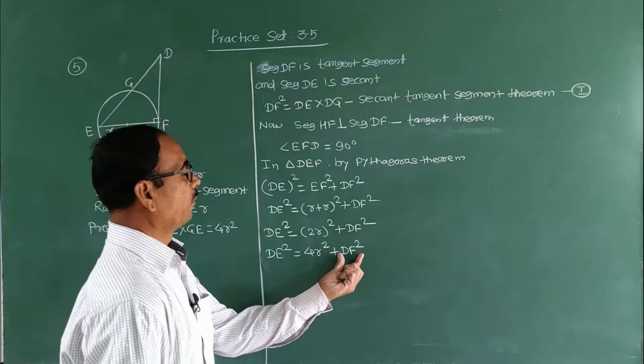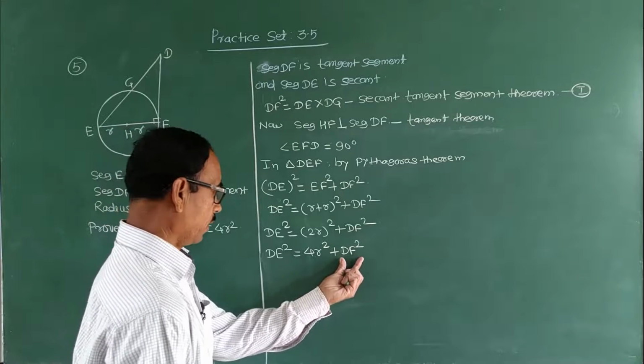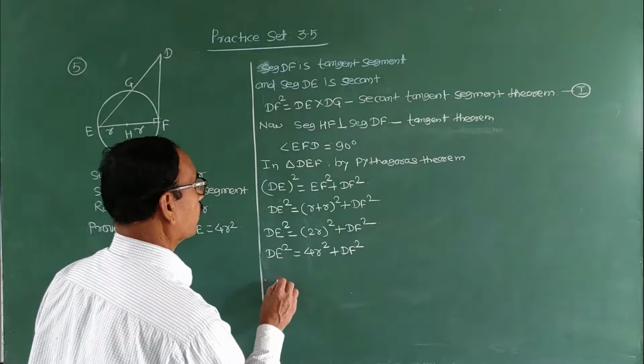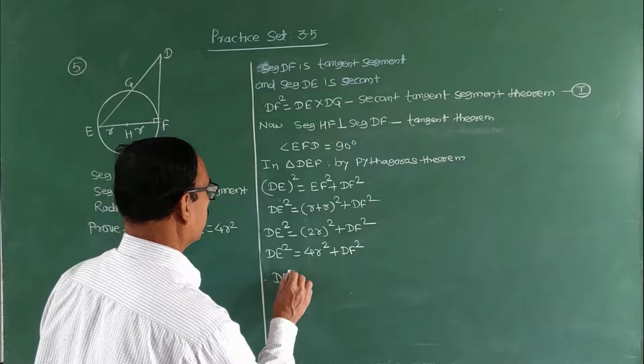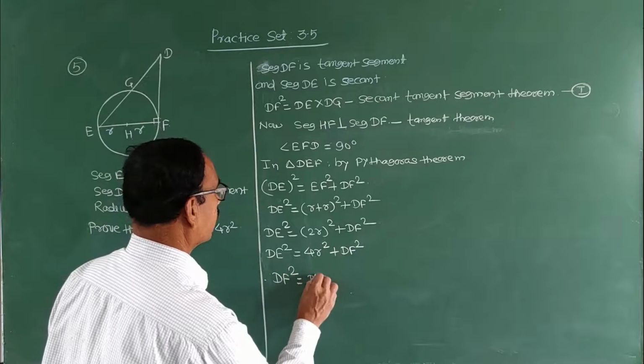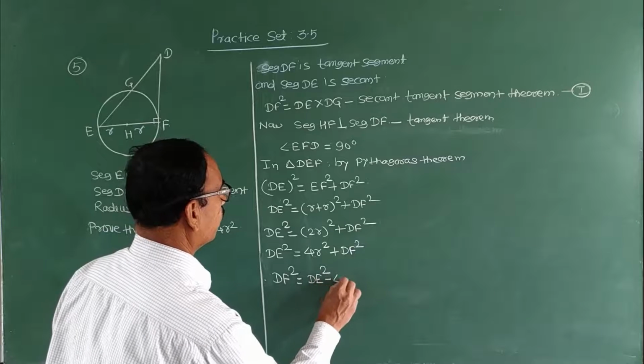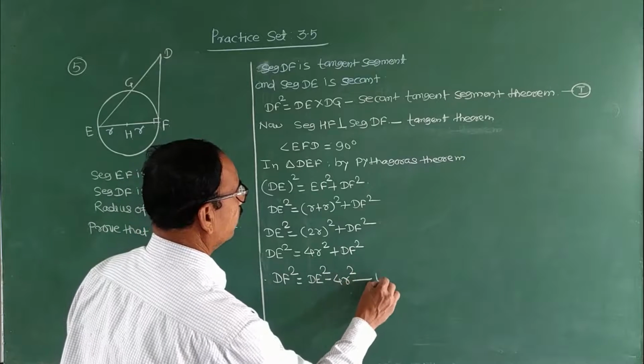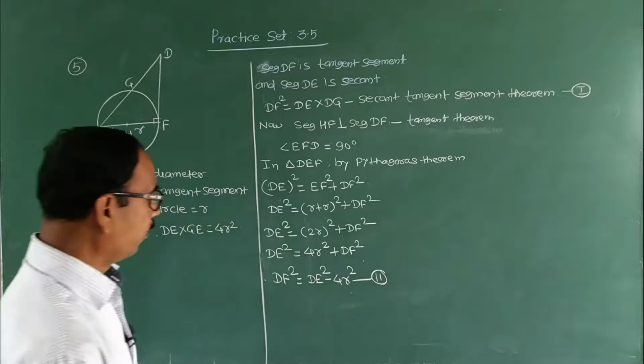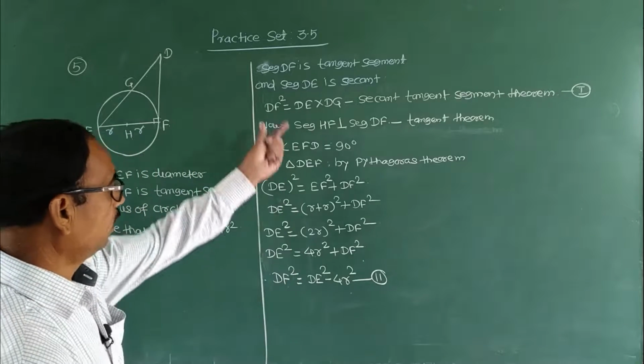Now find the value of DF square from this equation. And so here we can write DF square will be equal to DE square minus 4R square. This is our second equation. Now put this value in equation number 1.